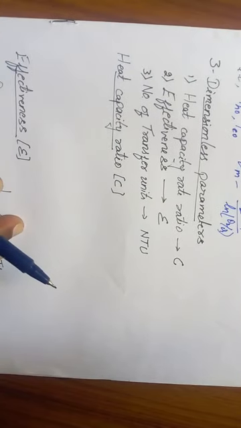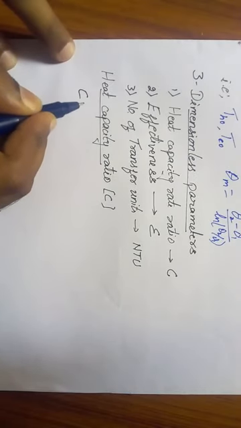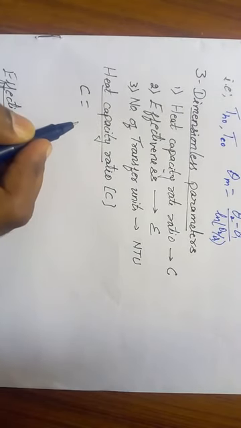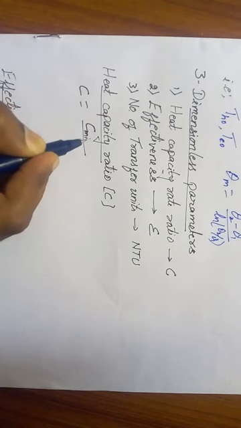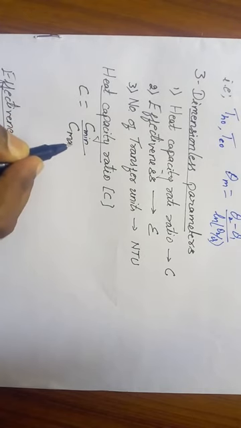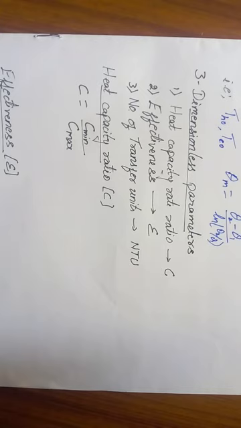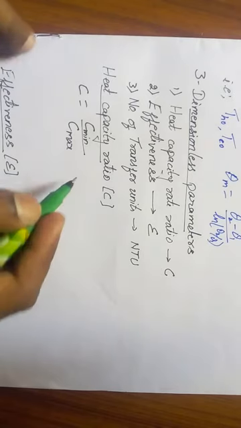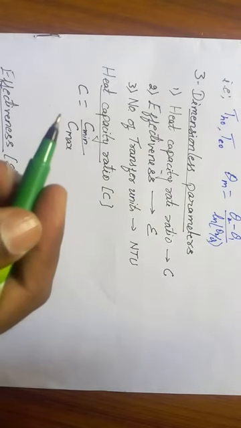Coming to the heat capacity ratio, C is defined as the ratio of C min by C max. I repeat, the ratio of C min, the minimum value of C, to the maximum value of C. So what are C min and C max? Let us understand that. This is the definition.